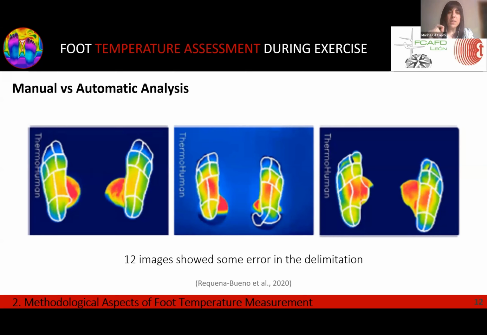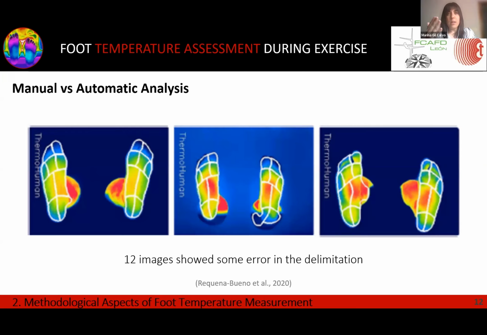in some foot images, errors appeared in the delimitation of the regions of interest when using this automatic analysis. This led to less accurate results in those areas. What happened?